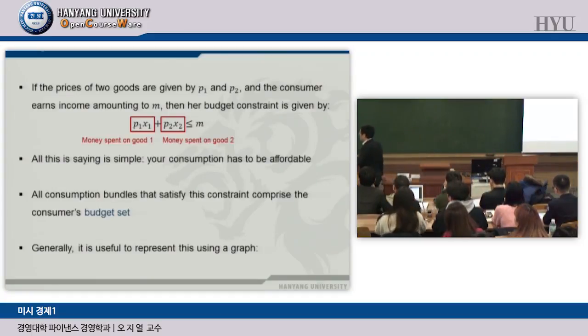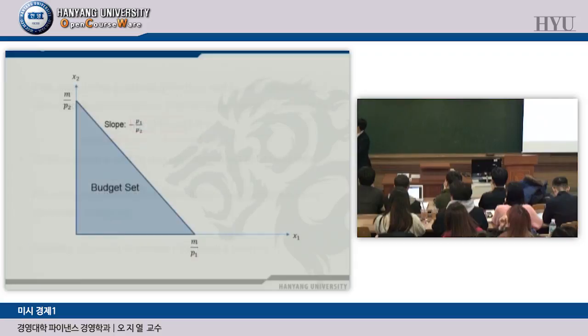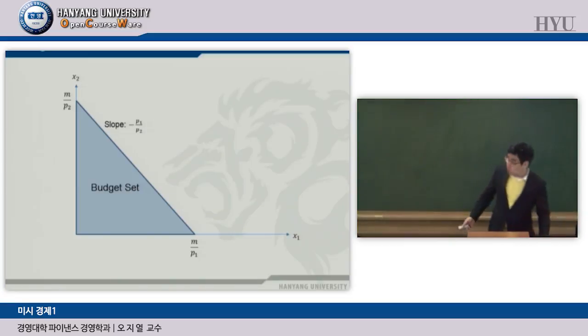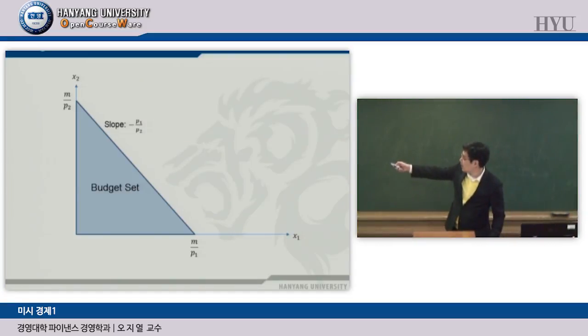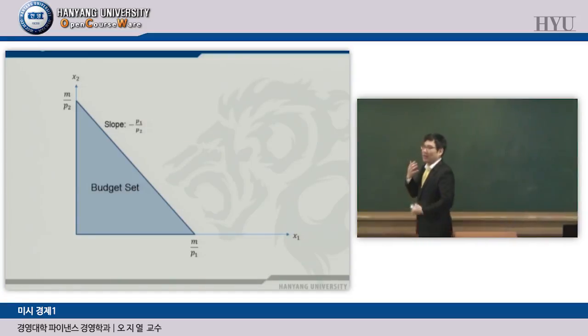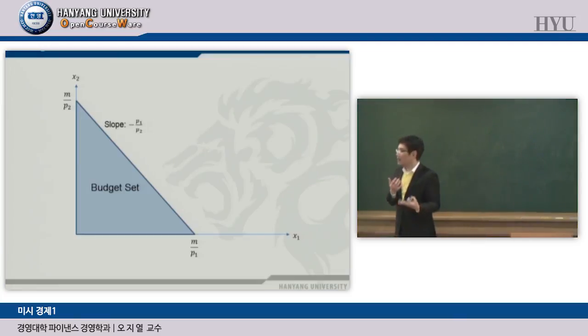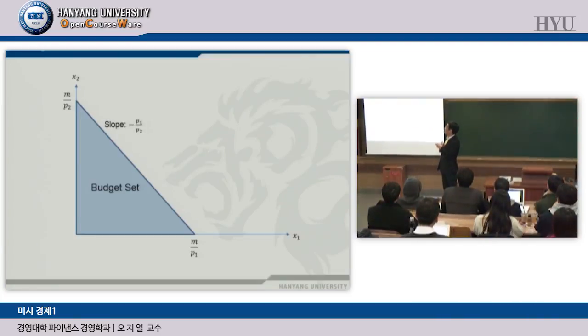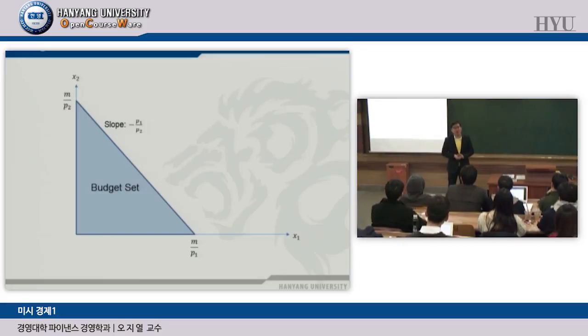Then every consumption bundle that satisfies this constraint is called a budget set. So it's like this. If you draw a graph, now can anyone tell me why that y-intercept, put it really in simple terms, it's saying how many of good 2 can you buy if you spend all of your money on good 2?